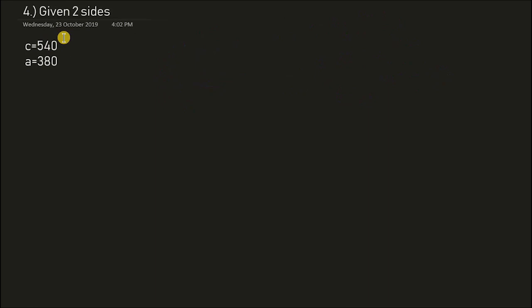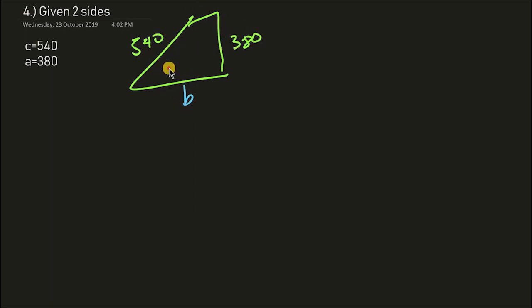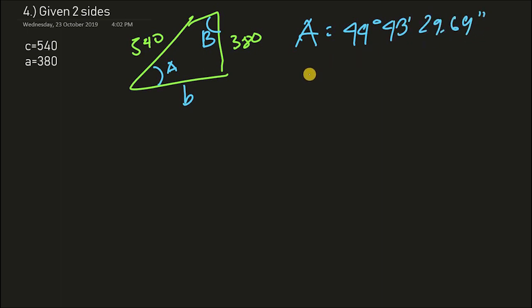Another problem for you. Again, two sides are given. That's given the side C, which is 540, the hypotenuse, and given side A, which is 380. We are tasked to find side B, angle A, and angle B. So, try solving it. The final answers would be angle A would be equal to 44 degrees, 43 minutes, and 29.69 seconds.